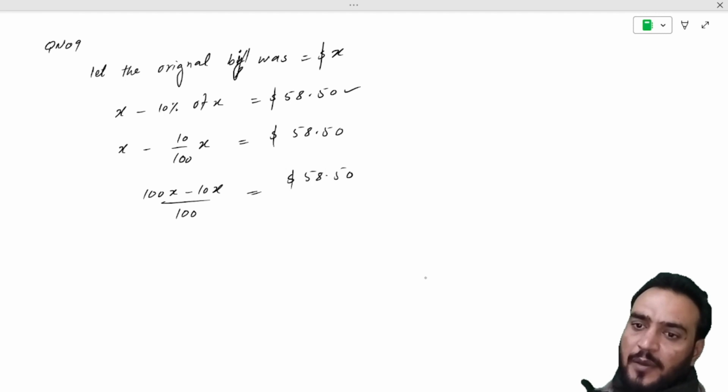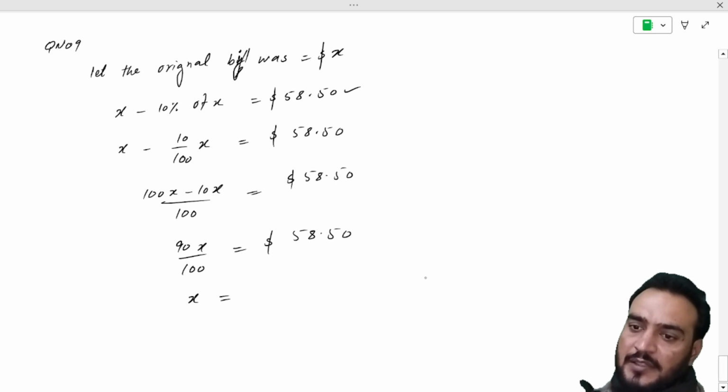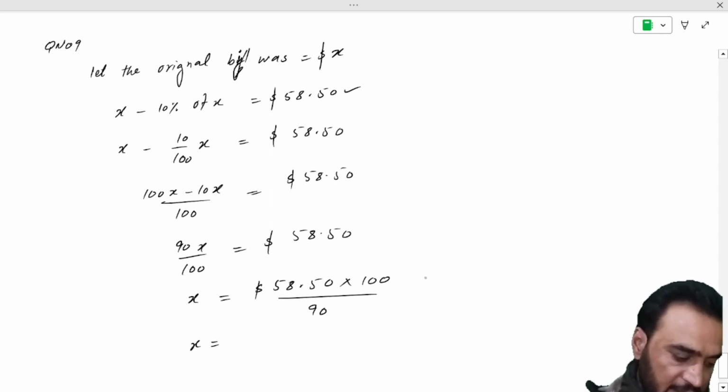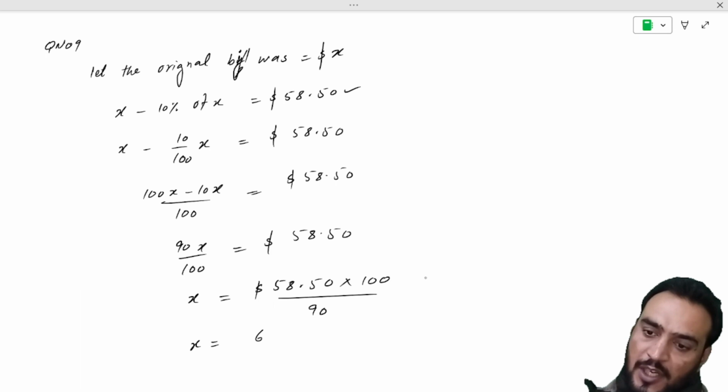If we subtract 10 from 100, we get 90x over 100, which is equal to 58.50, and the value of x is 58.50 times 100 divided by 90. After simplification, we get the value of x, that is $65. The original bill was actually $65.